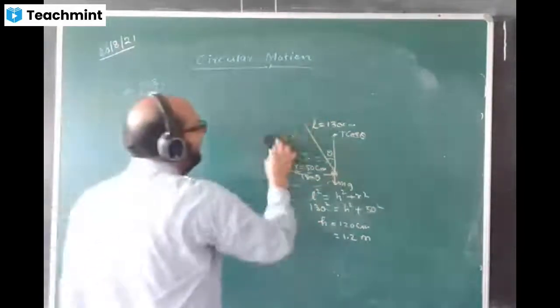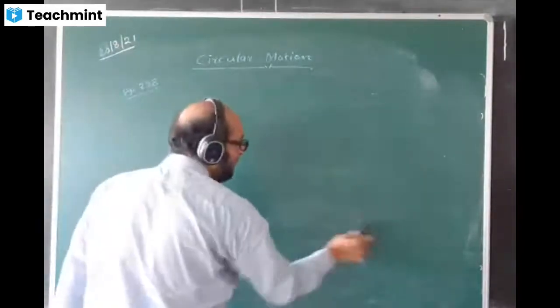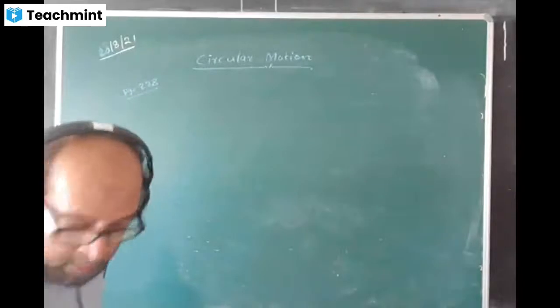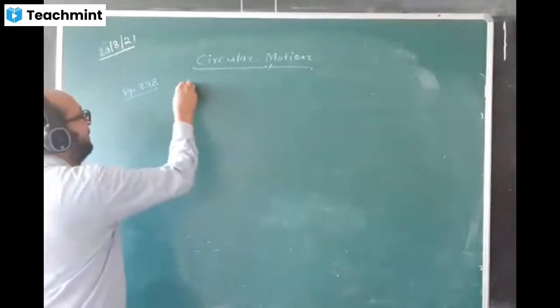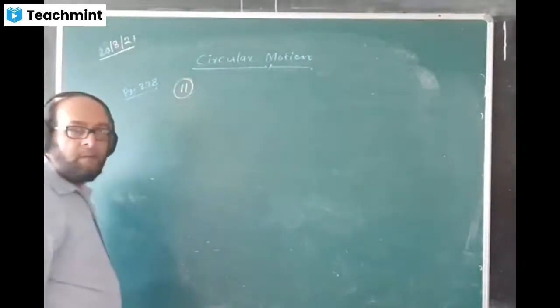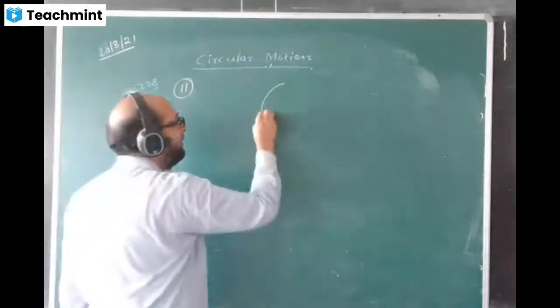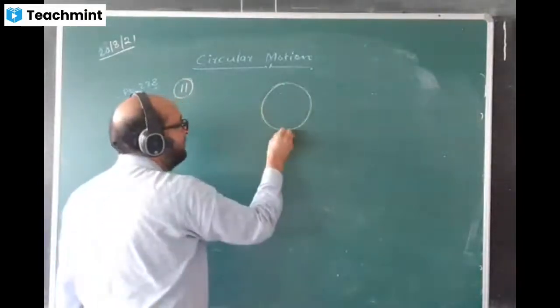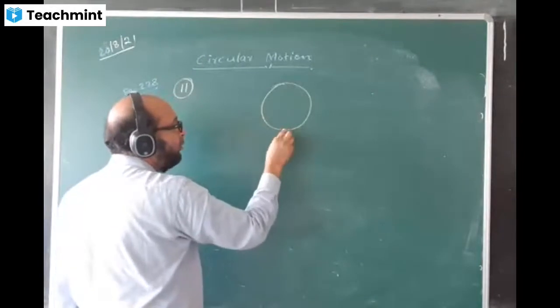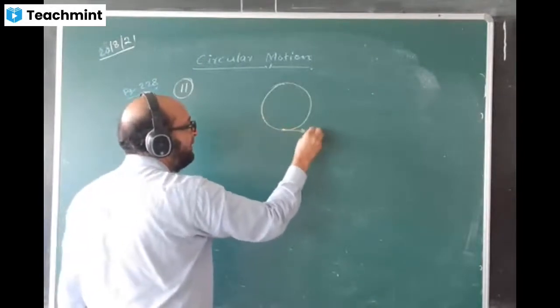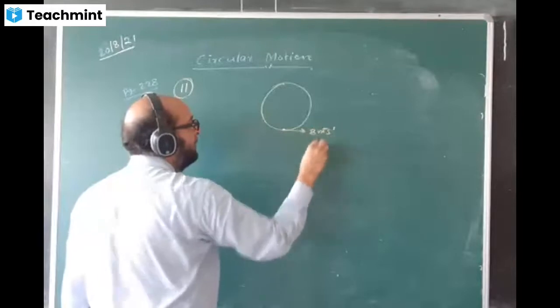What to do? Number 11 I'm talking about. Okay, number 11. The question says there is a vertical circle here. The speed of the body at the lowest point is given, 8 meters per second.